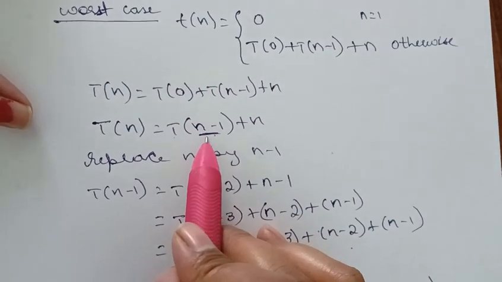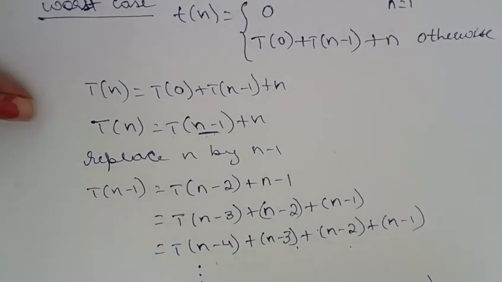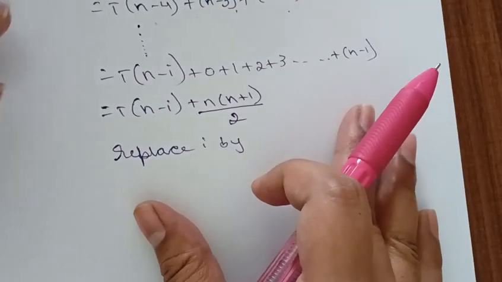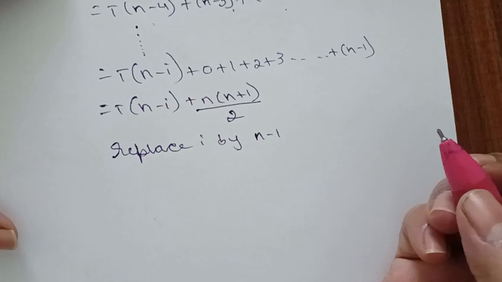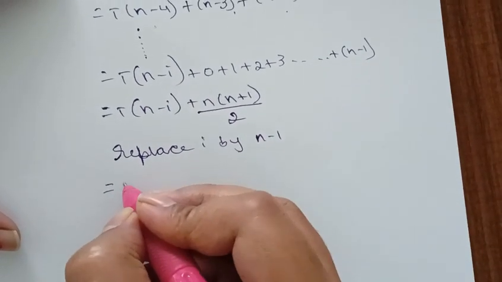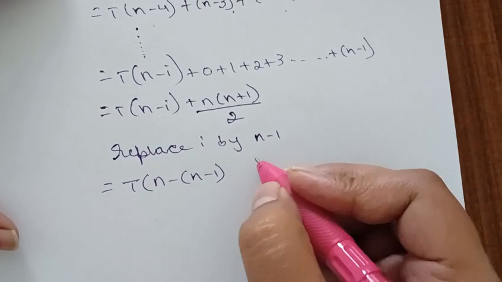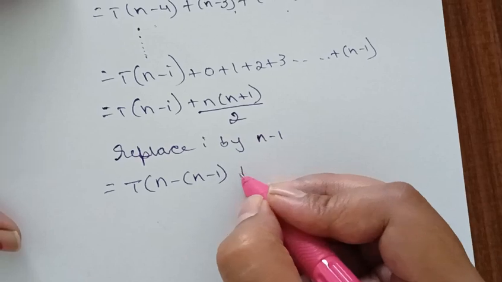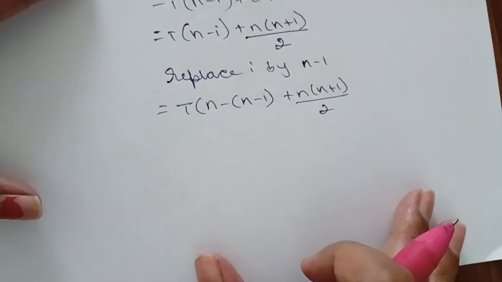I have explained this in the previous mathematical analysis videos also. So replace i by n minus 1. If I replace this i by n minus 1, then what I'll get is T of n minus 1 plus n into n plus 1 divided by 2.